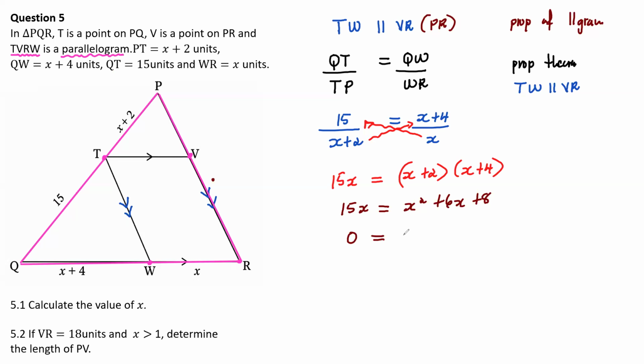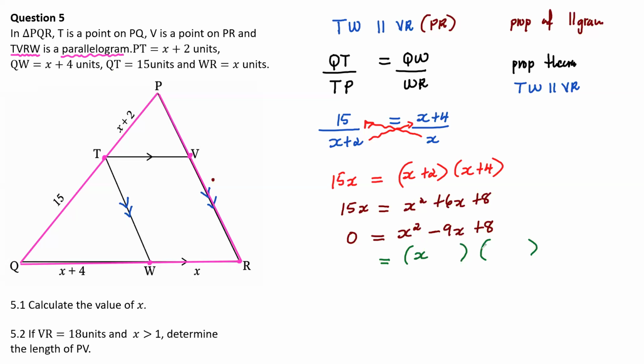I'm using the quadratic version equal to 0. You transpose 15x to the other side. So now I've got x squared minus 9x plus 8 equals 0. It's a quadratic equation. You can factorize either by using the quadratic formula or conventional factorization.